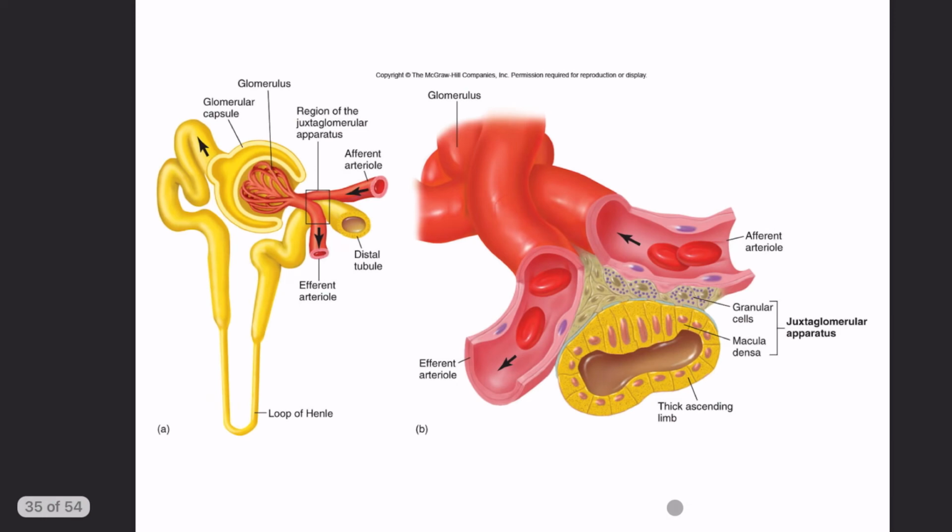Before we talk about that, I want to show you what your nephron looks like, and hopefully this is review from human anatomy. So this is showing blood flow through a nephron, and this is where filtration occurs, right? And by the way, Starling forces occur here too, and we'll talk about that when we get to the renal system.